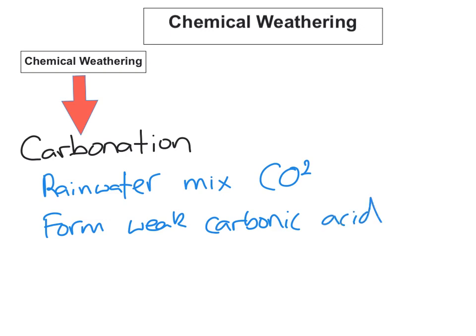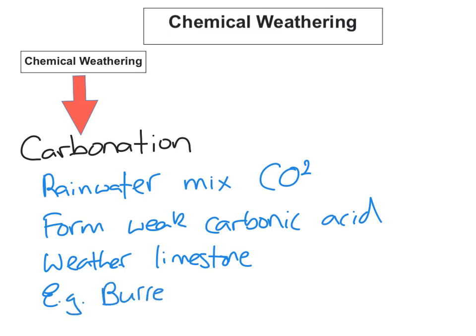This weak carbonic acid then weathers the limestone, so it dissolves the limestone, and it's clearly seen on many landscapes, but the best example that we have in Ireland is the Burren in County Clare.